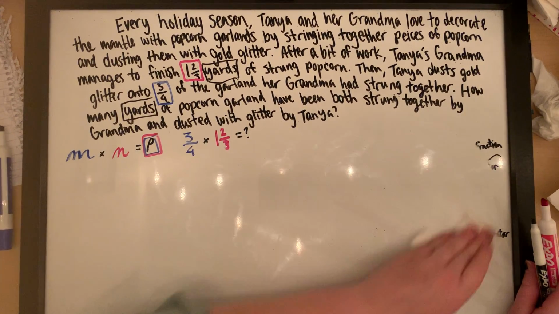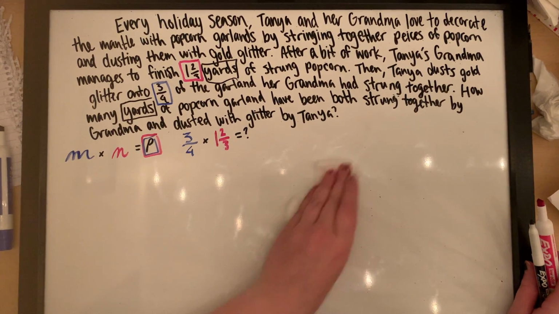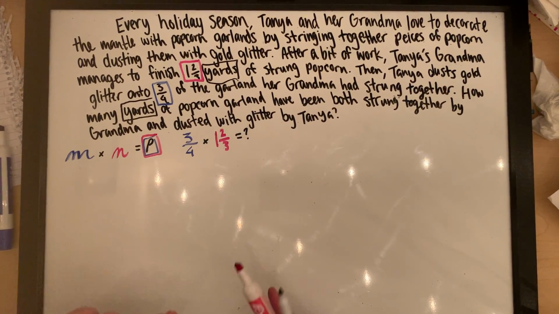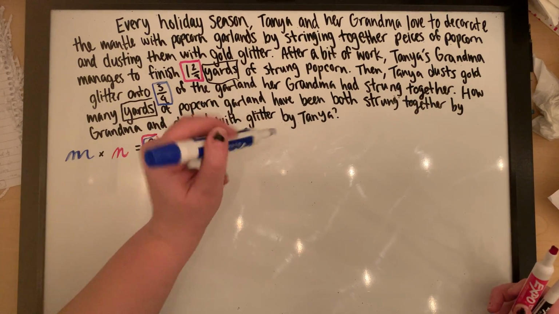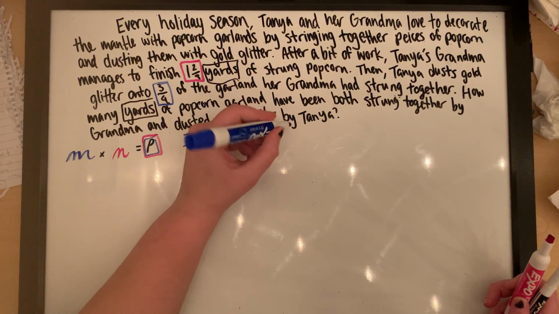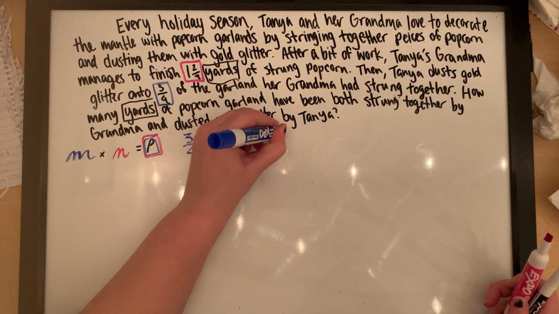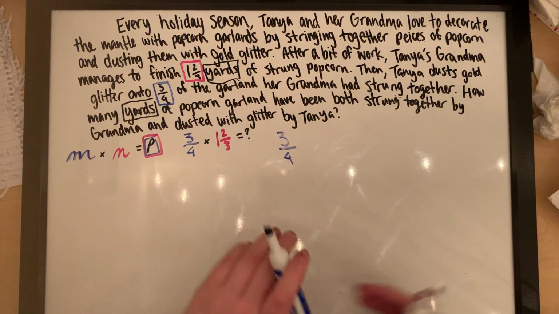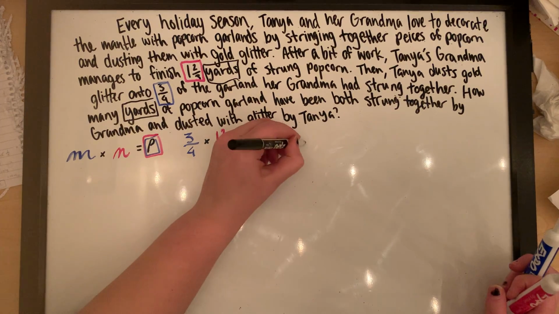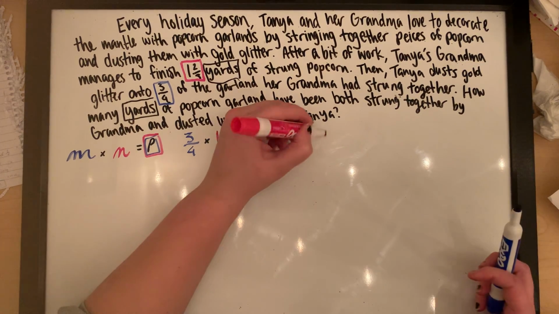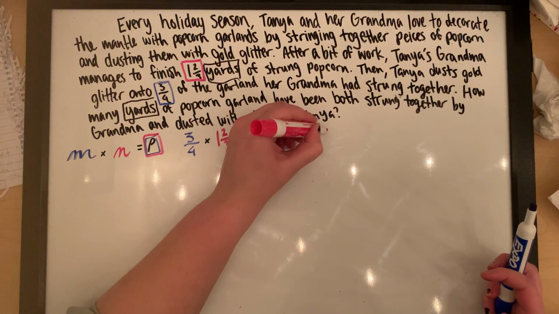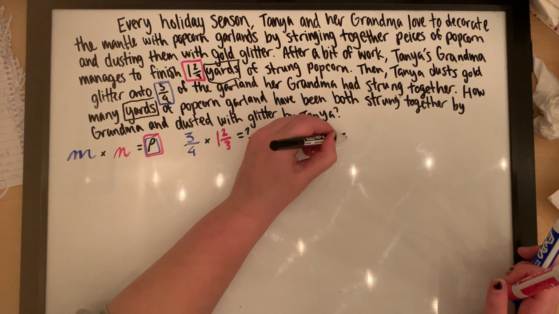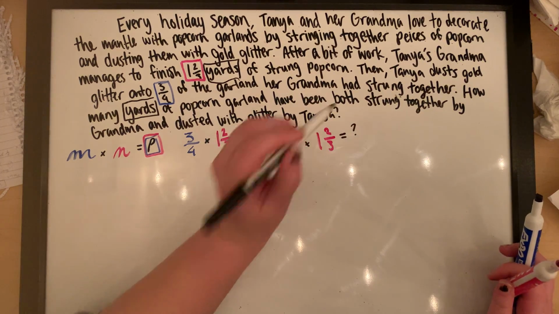But now that we have changed our mixed number into an improper fraction, we have our new equation that we can work with to better explain this problem. We have 3/4 times 1 and 2/3 is equal to what?